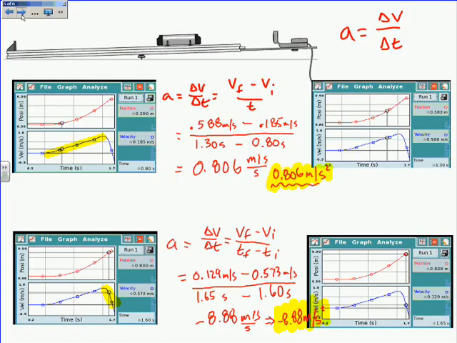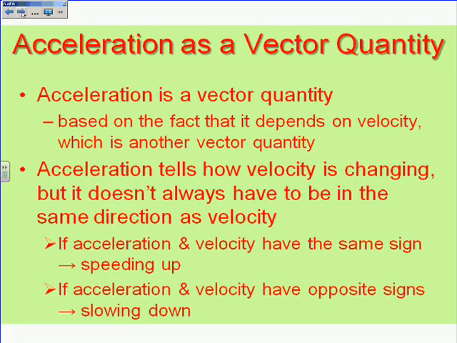So, wrapping this up, I'm going to skip this. I'll go here. Acceleration tells how velocity is changing. It doesn't always have to be in the same direction. If we have acceleration and velocity that have the same sign, if they're both positive or both negative, that results in a speeding up effect. In this example in particular, we looked at a positive velocity and a positive acceleration, which probably makes more sense conceptually to you now.